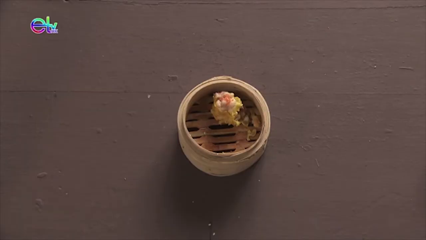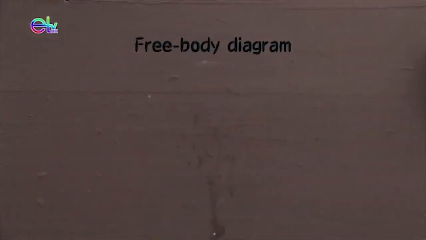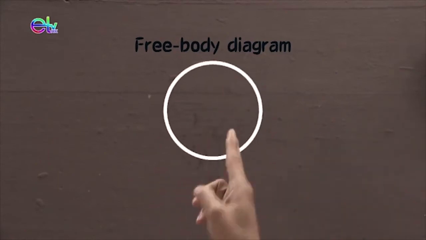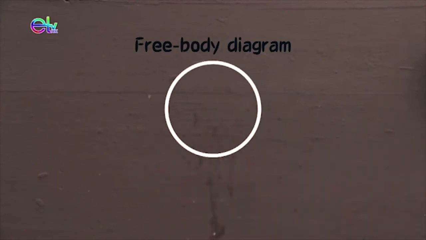Take the steamer of Siumai as an example. Negate the vertical force and assume there wasn't any friction between the table and the steamer. Let's draw the steamer first. It doesn't need to be detailed. We can use a simple figure to represent it, like this. Then we can add arrows to represent the forces acting on the steamer.